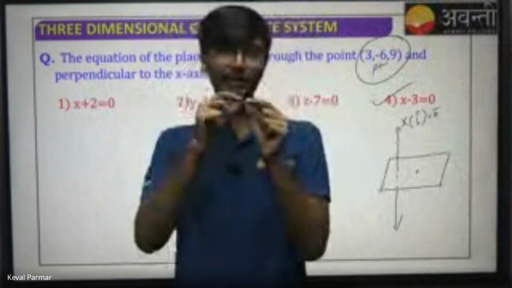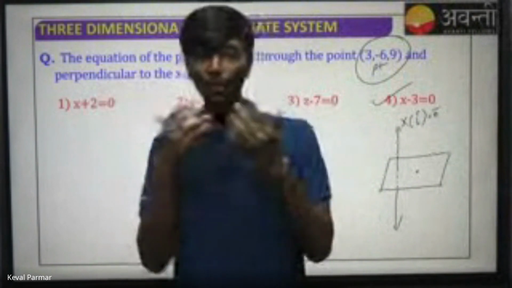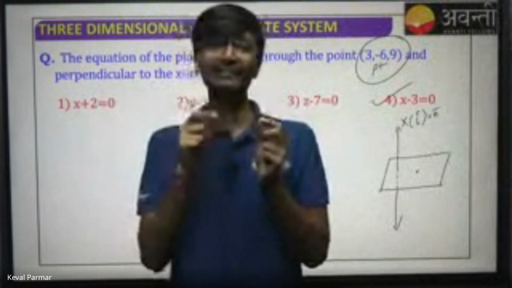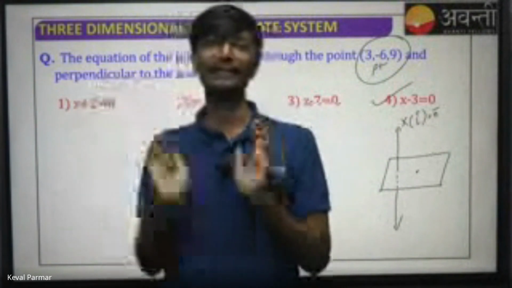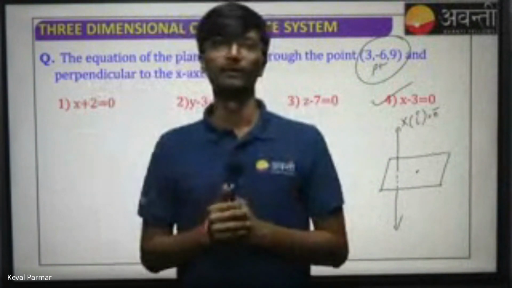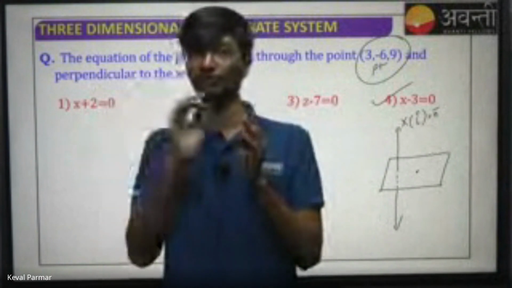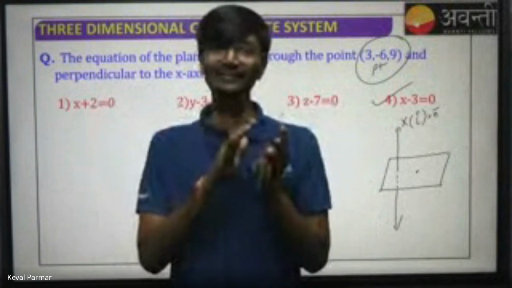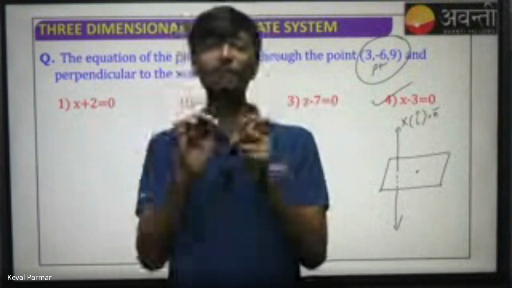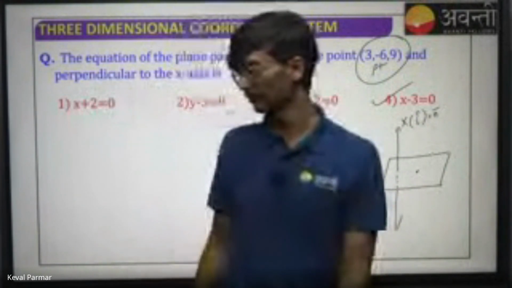The x-axis is perpendicular to both the y-axis and the z-axis, which means the x-axis is perpendicular to the plane of the y-axis and z-axis. I hope you understood this.